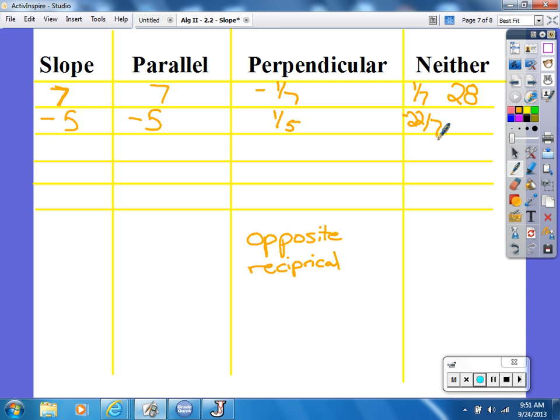Okay, you can write anything there except -5, 1/5. Hey, how nice is that, right? You can write any number there. Neither means it's not one of this or this. I could have written 9,872,463.96. That'd be fine. That's not -5, it's not 1/5, right?